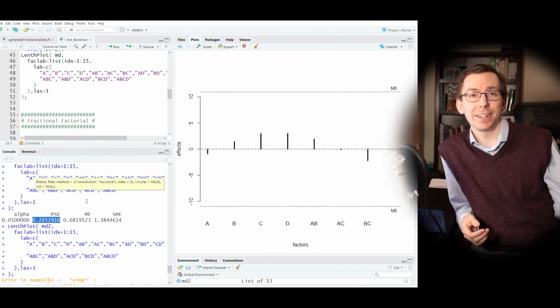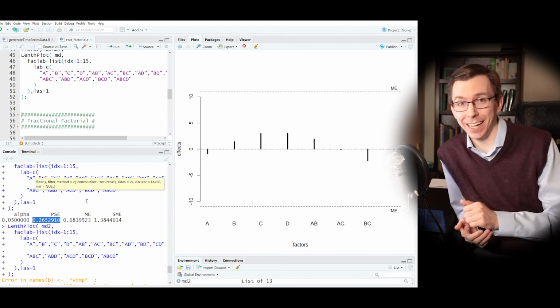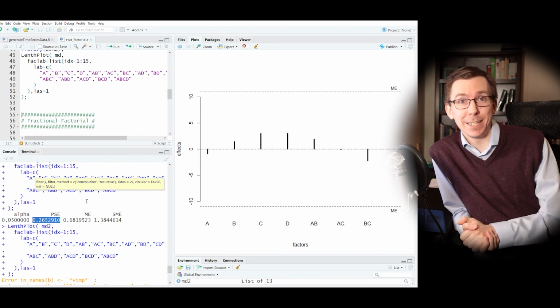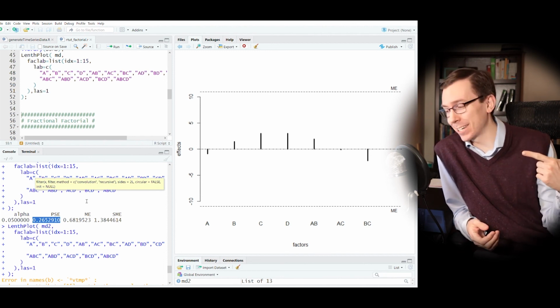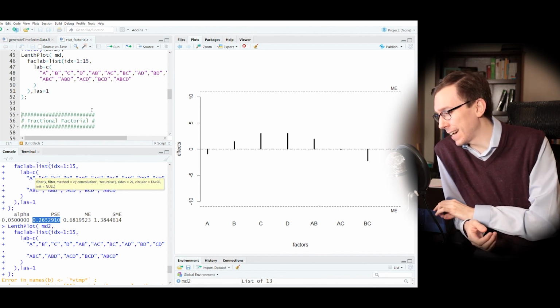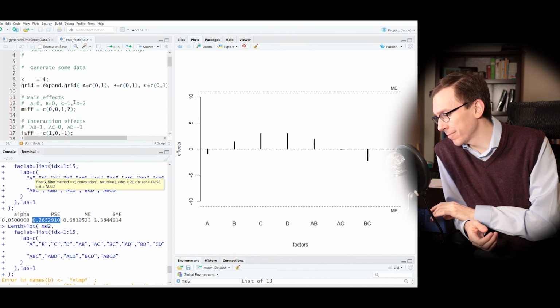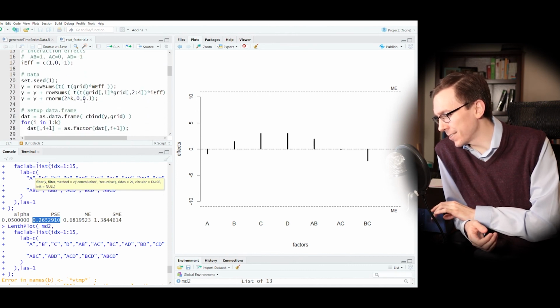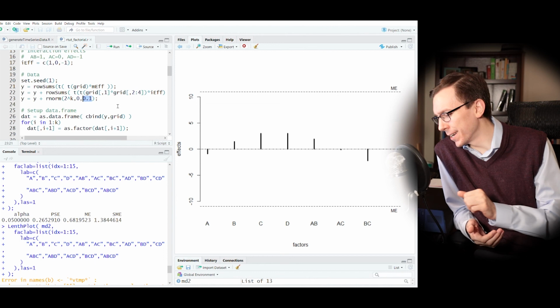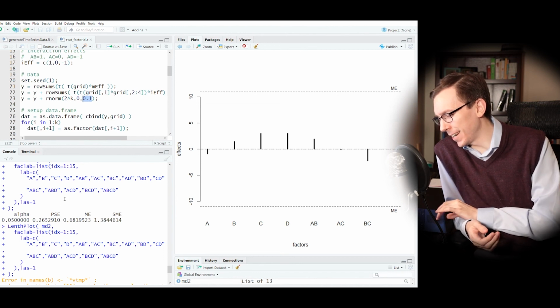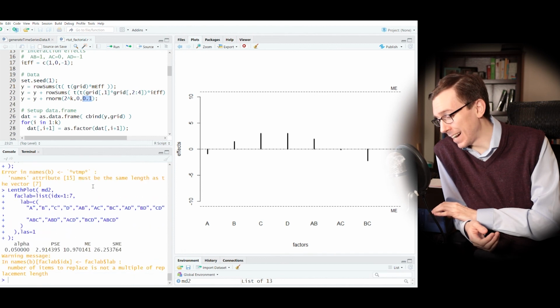Remember, what's the pseudo standard error doing? It's trying to estimate the standard error. I know what the standard error is. It's 0.1 because that's how I generated my data way at the top of this design, right? This is the standard deviation here, 0.1. So the pseudo standard error kind of overshot a little bit the first time. The second time, it really overshot the value.